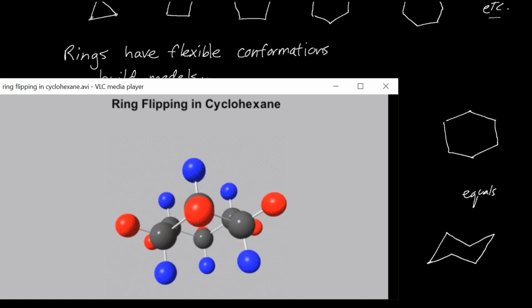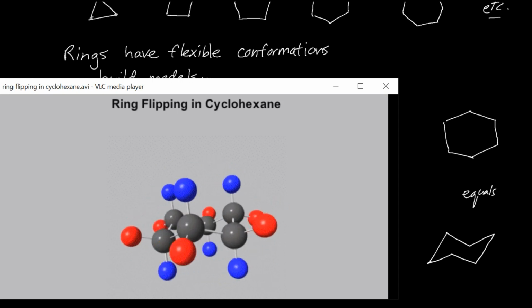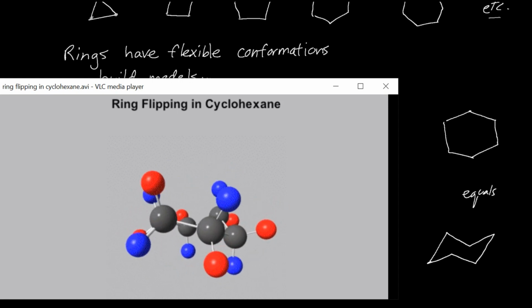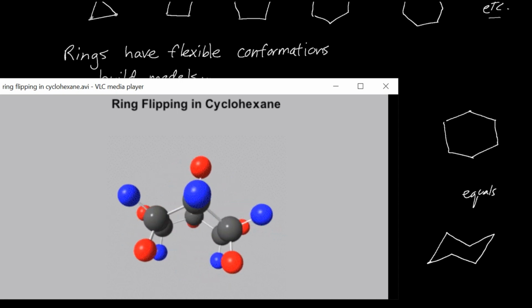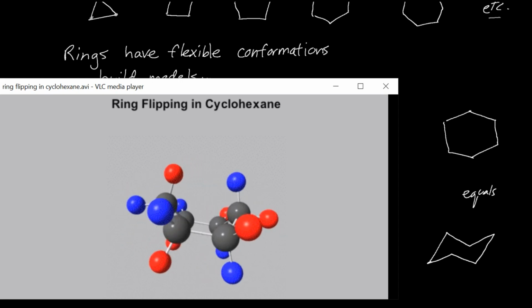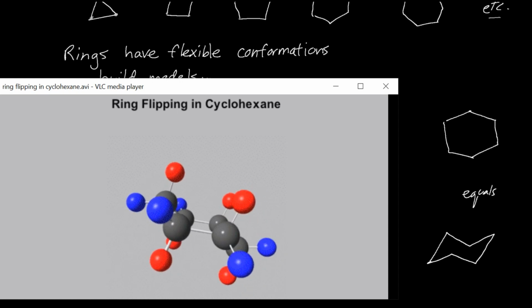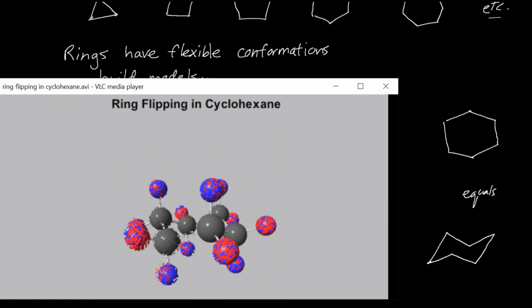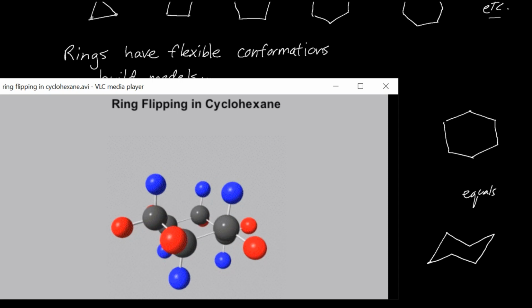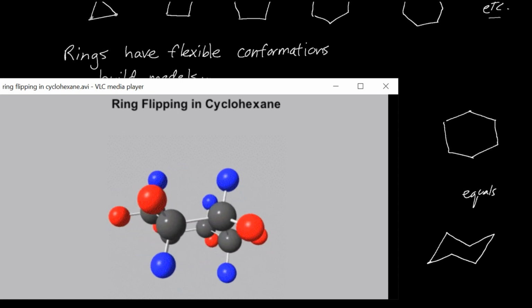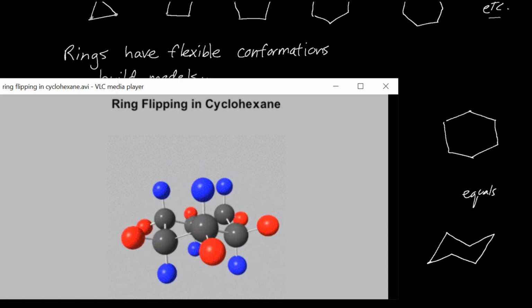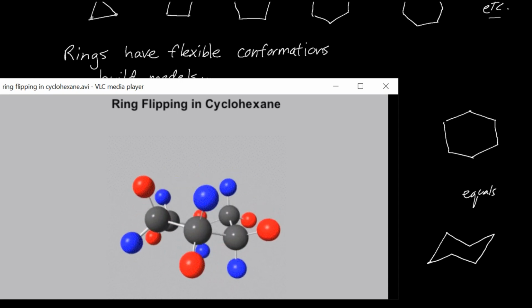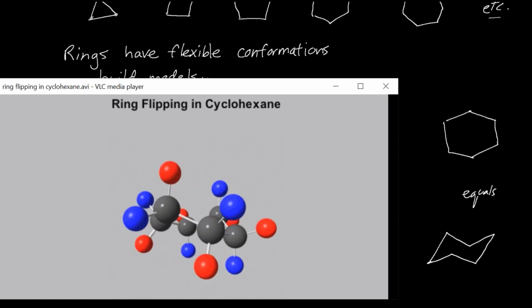The fact that conformations, molecules that are flexible, that can spin, twist, rotate, so forth, will settle into the lowest energy state. In doing so, the positions of the things attached to the ring, as you see here, can all switch around. But they're only moving in space. The bonds are not detaching. Groups are not changing what they're attached to.